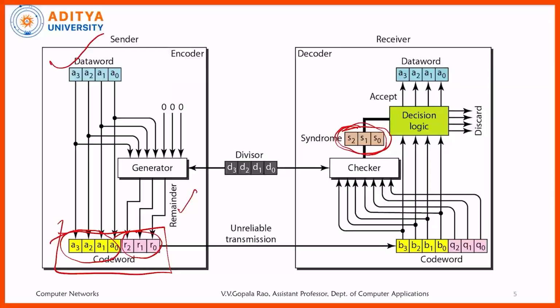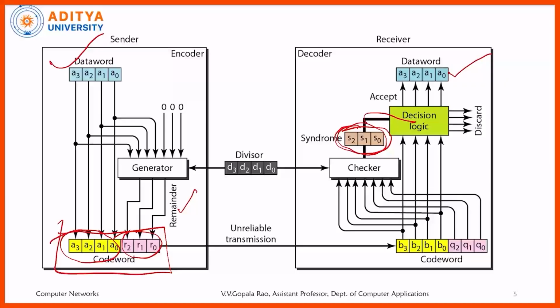This syndrome is allowed for the decision logic, and this decision logic is going to decide finally whether to accept the data word or not. Suppose the decision logic displays the syndrome value as 0, then the data word that is in the transmission can be taken into consideration. It can be accepted when the syndrome value is 0.